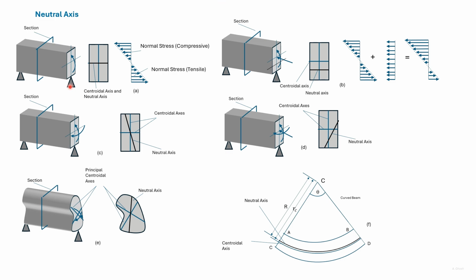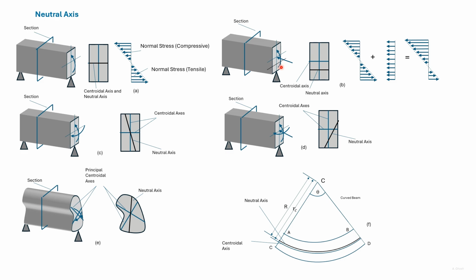We start with a straightforward case where a moment is applied about an axis of symmetry. If we consider a section here, then this is the variation of stress. The axis of symmetry is the centroidal axis here, and it coincides with the neutral axis.